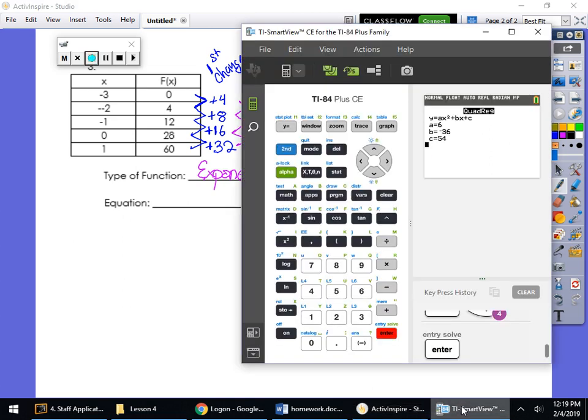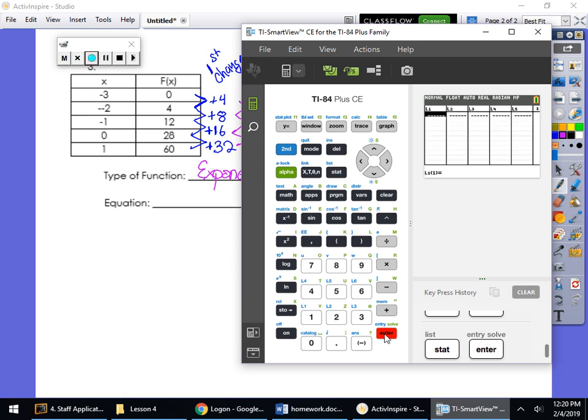And to get the equation, we're going to do the exact same thing. I'm going to clear out my memory. Second plus 7, 1, 2. And I go back to stat and edit. List 1, I have negative 3, negative 2, negative 1, 0, 1.